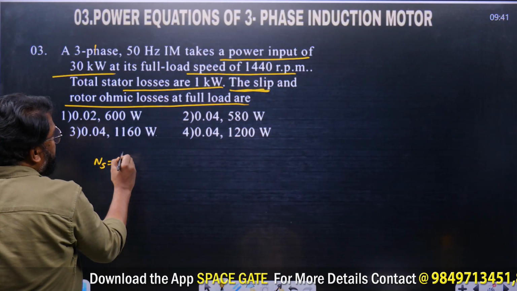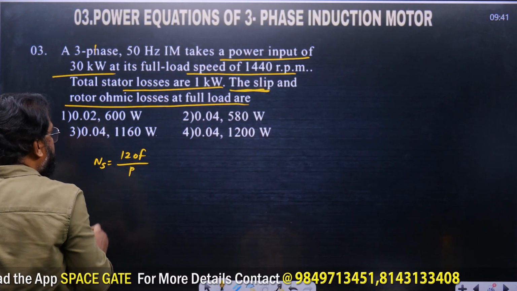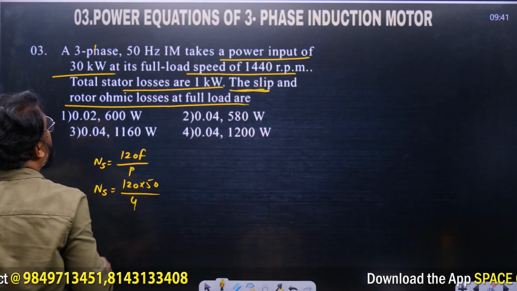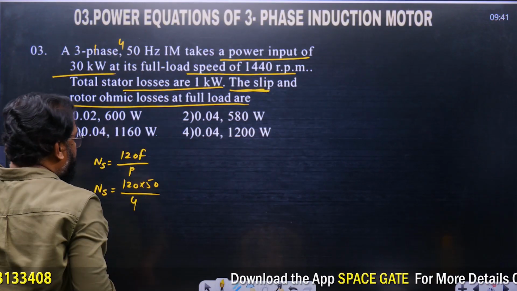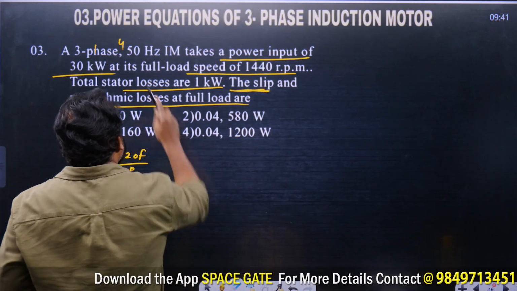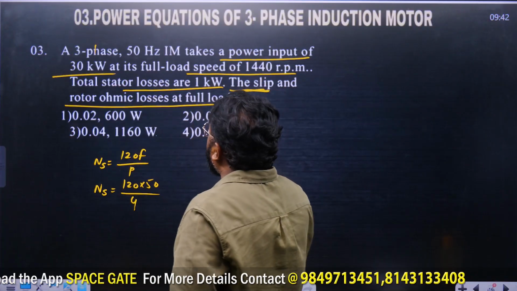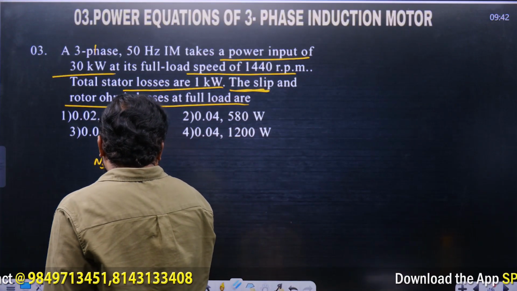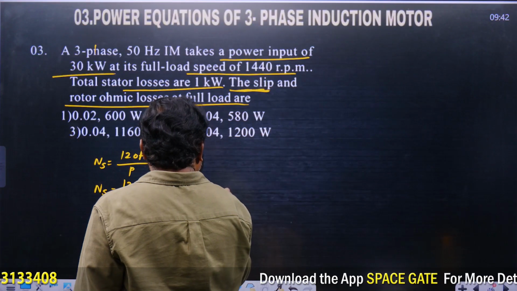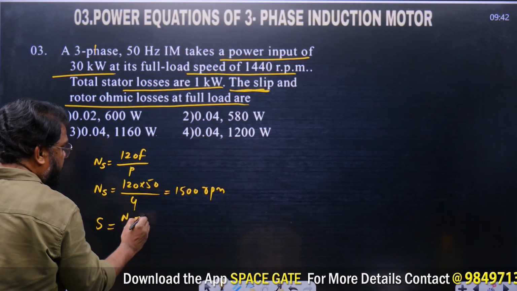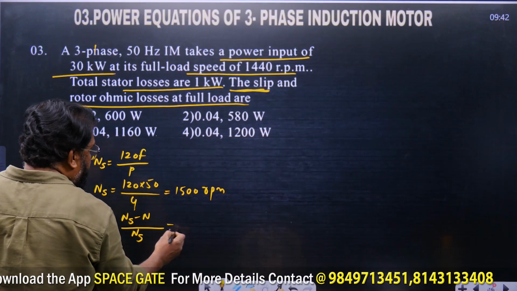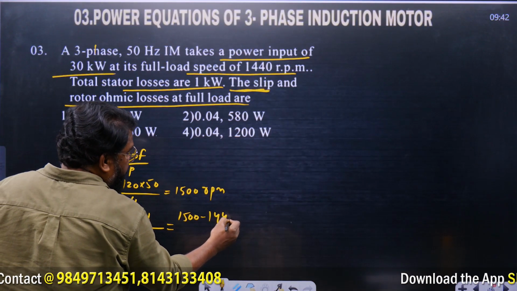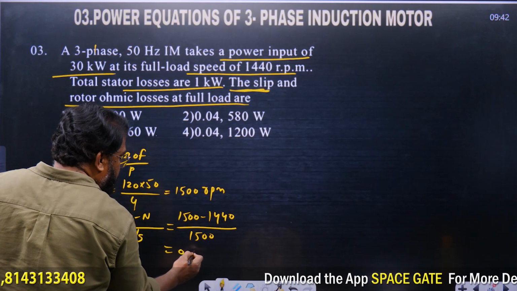Synchronous speed is equal to 120 f by P, that is ns equals 120 into 50 hertz divided by P. So the number of poles is 4, a 4-pole machine. Even if it is not given, since 1440 rpm is given, the machine must be designed with 4 poles, so the synchronous speed is 1500 rpm. Slip S is equal to (ns minus N) divided by ns, that is 1500 minus 1440 divided by 1500, which is equal to 0.04.